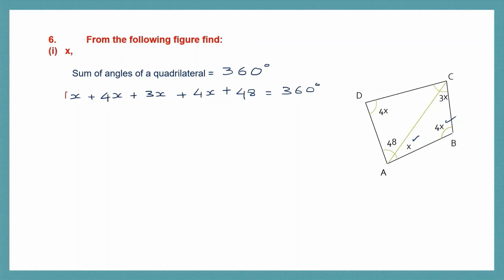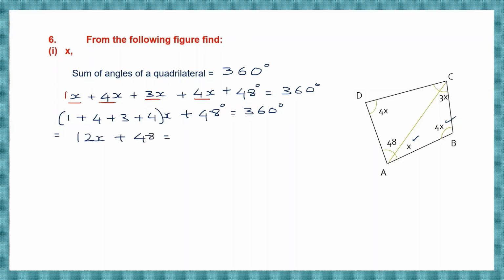That will become 1 plus 4 plus 3 plus 4, x, plus 48 equals 360 degrees. So 1 plus 4 is 5, 5 plus 3 is 8, 8 plus 4 is 12. So 12x plus 48 equals 360 degrees.